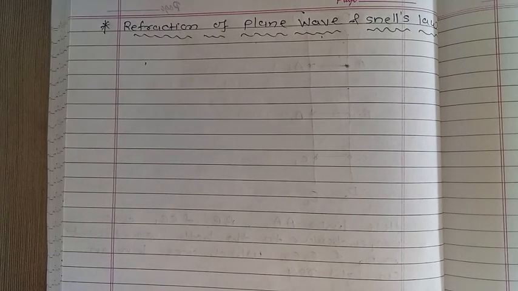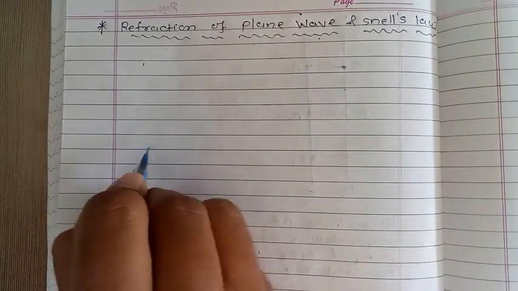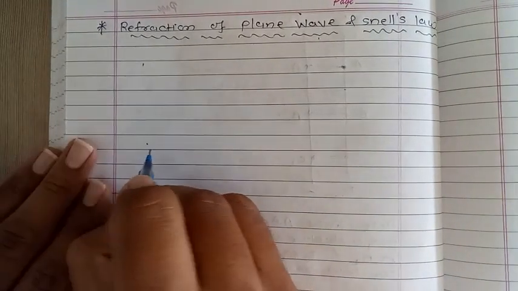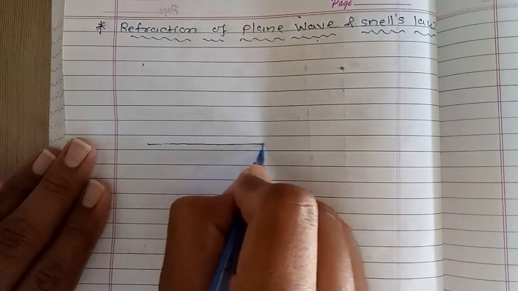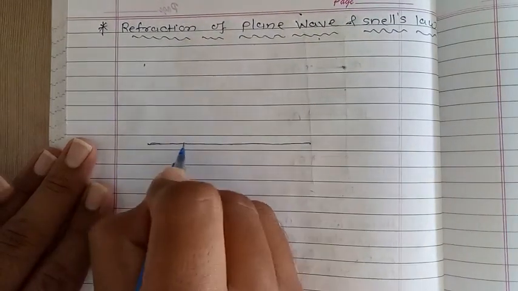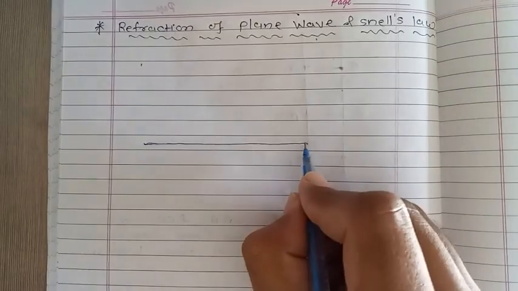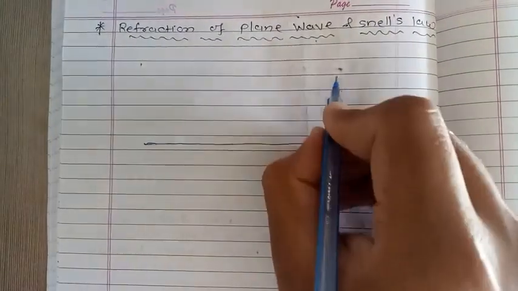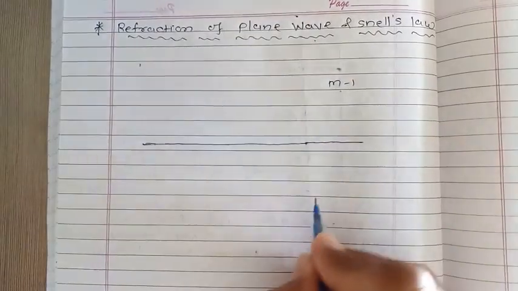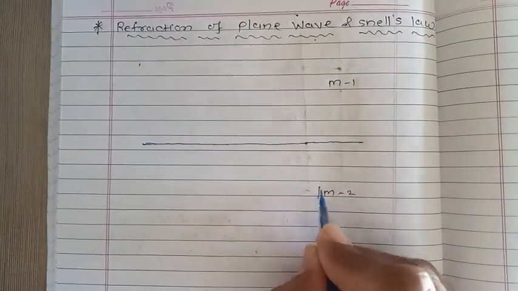Okay, now see here, this is the surface which separates medium 1 and medium 2. So this is medium 1 and this is medium 2, right?